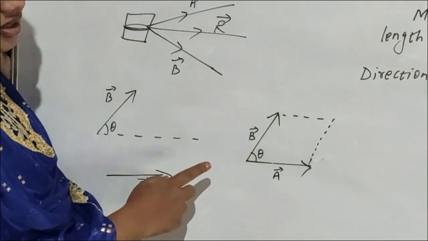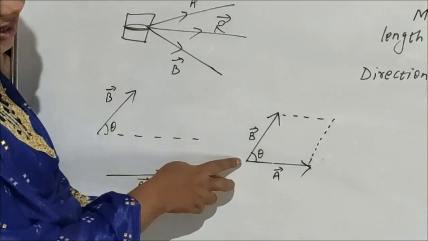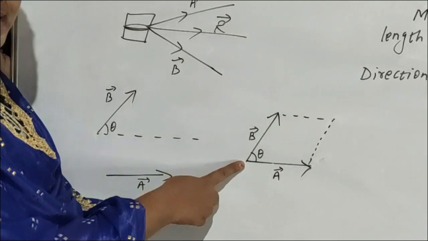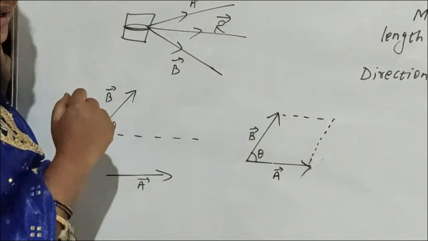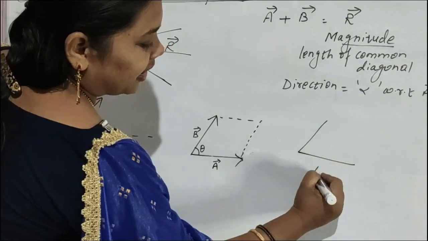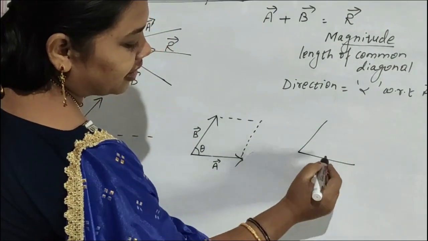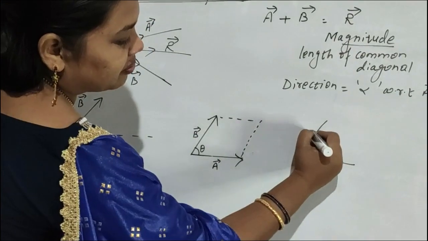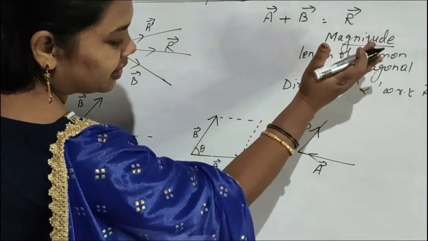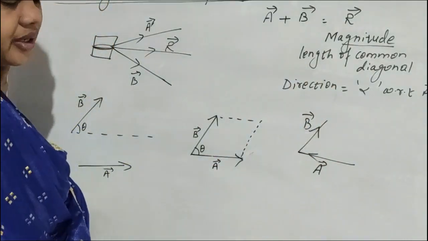Now you see the vectors, how they are added tail to tail. This is the point of intersection. Remember in the triangular law, if the A vector is like this, then the B vector is like this. Same order they are going.